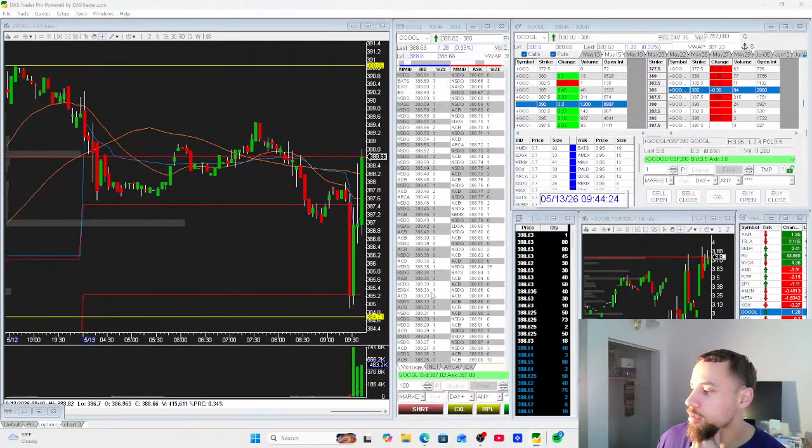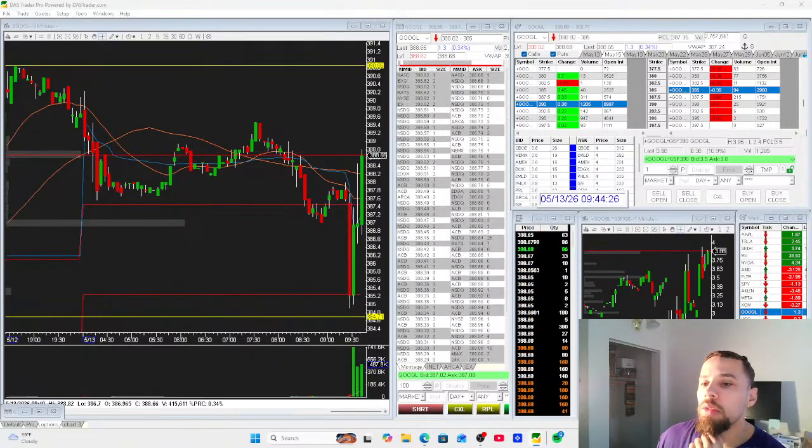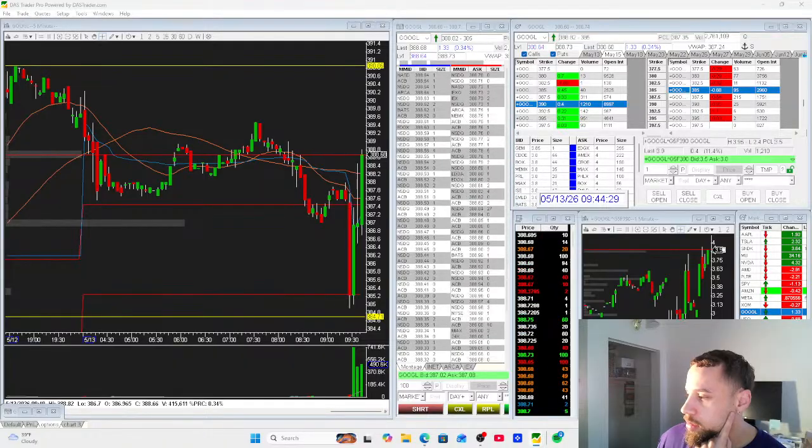They are weak. See how that 5-minute closes on spine cues.